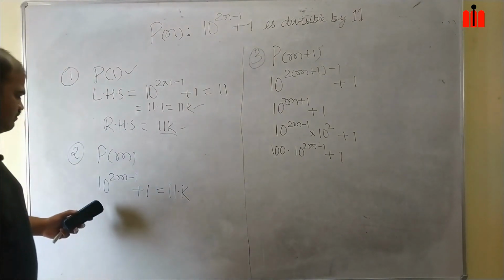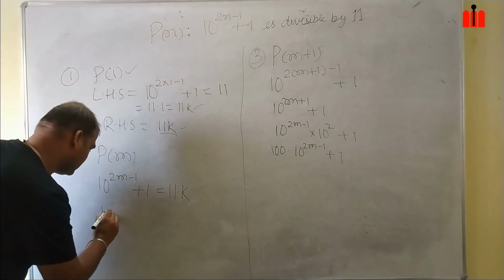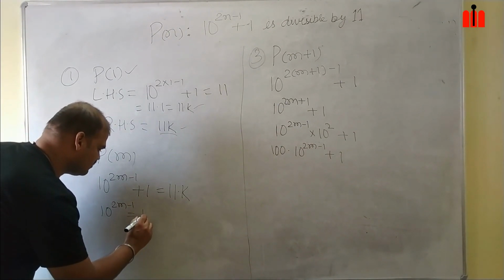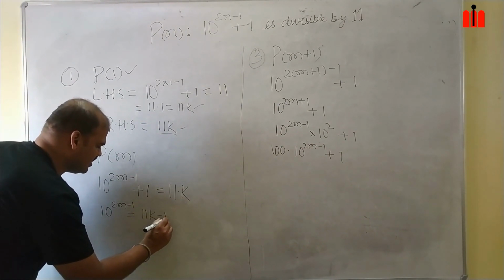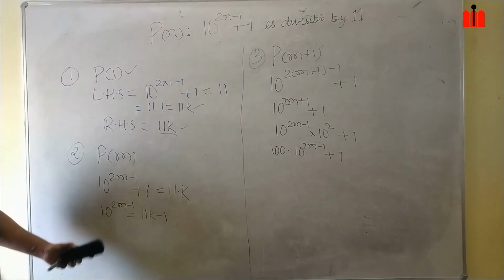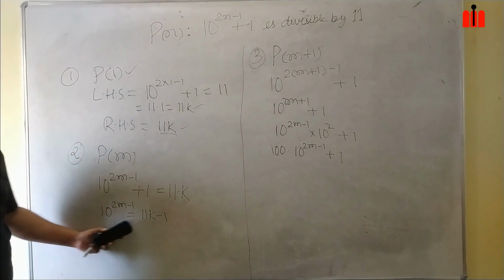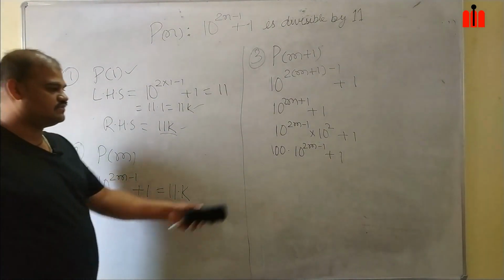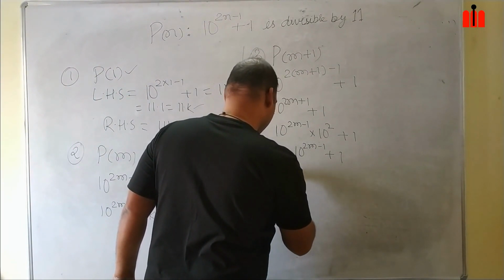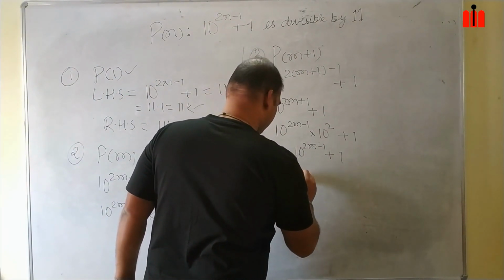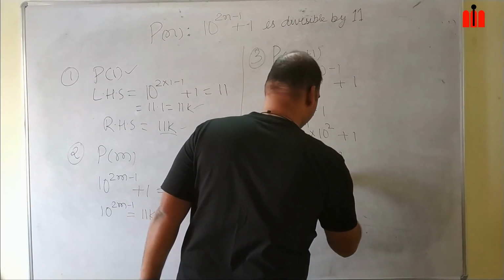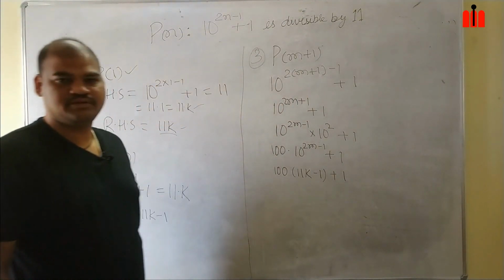From the Pm statement, 10 to the power of 2m minus 1 is equal to 11k minus 1, since we took 1 to the other side. We substitute this value over here, and we get 100 into 11k minus 1, plus 1.